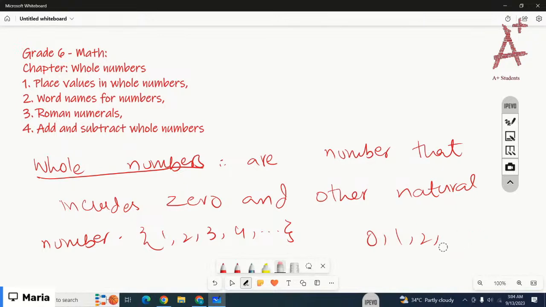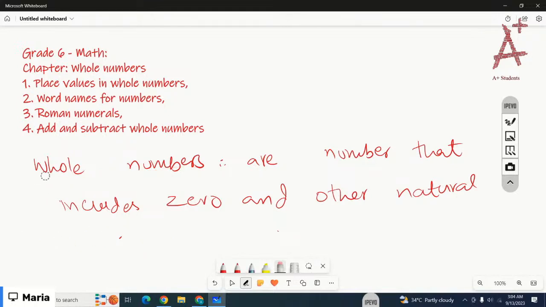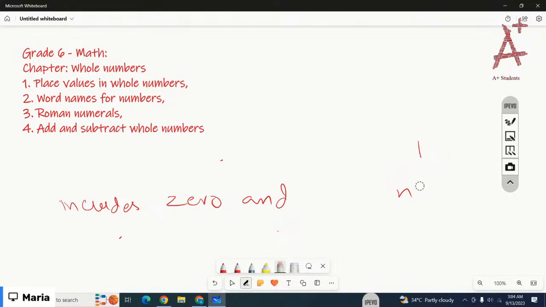Place value is the value of each digit in a number. You can note down the definitions, they are very important.